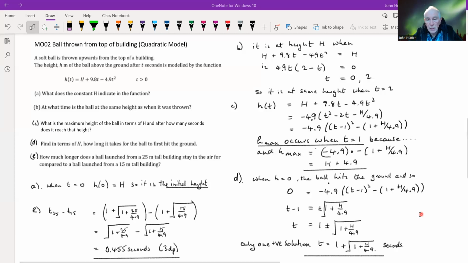And just to emphasize, this treatment of the quadratic function to actually identify the maximum in the case of a negative quadratic, or it would be the minimum if it was a positive quadratic. But in this case, this treatment of completing the square is a very useful way.